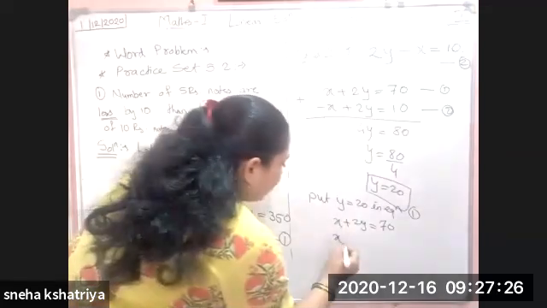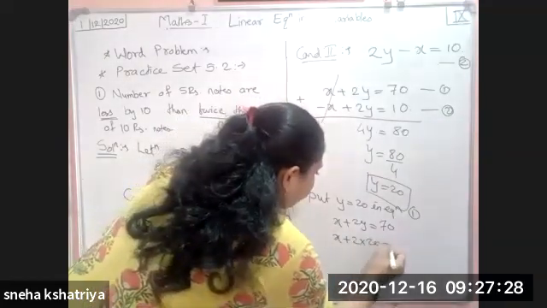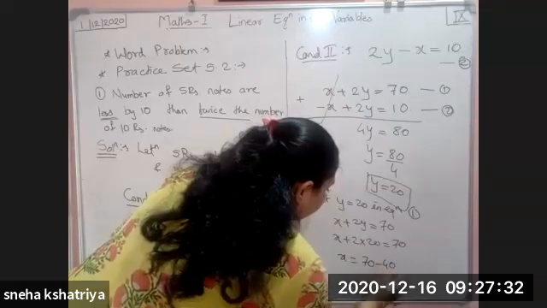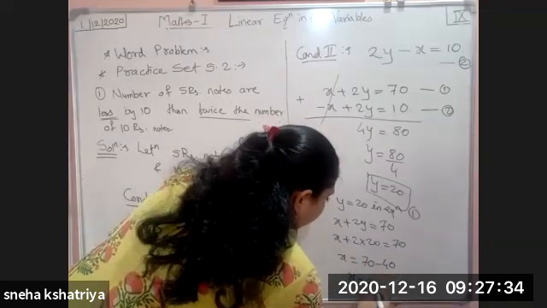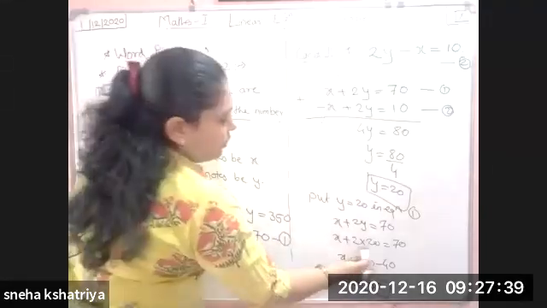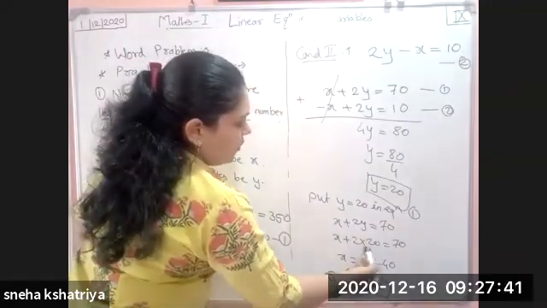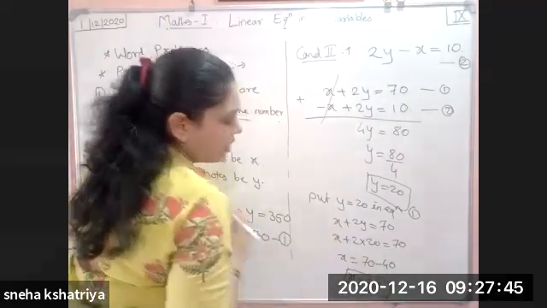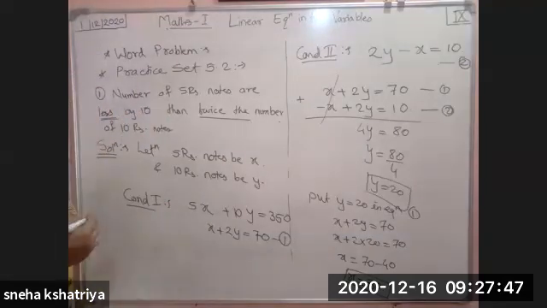Put the value. X plus 2 into 20 is equal to 70. X is equal to 70 minus 40 and x is equal to 30. Simple calculation is there. 2 into 20 becomes 40. 40 shifts to the right side, it will become minus 40. 70 minus 40 is 30.